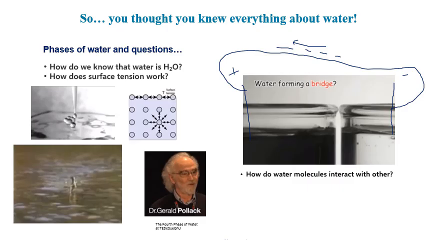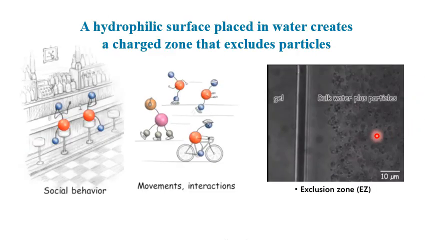So what is happening here? Well, those simple experiments with water are really telling us that we don't quite understand how water behaves with each other's molecules, meaning the social behavior of water.